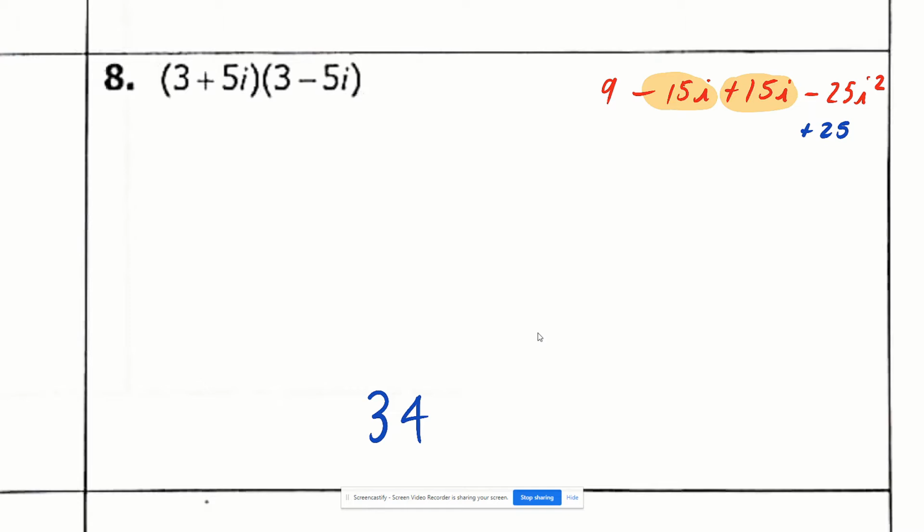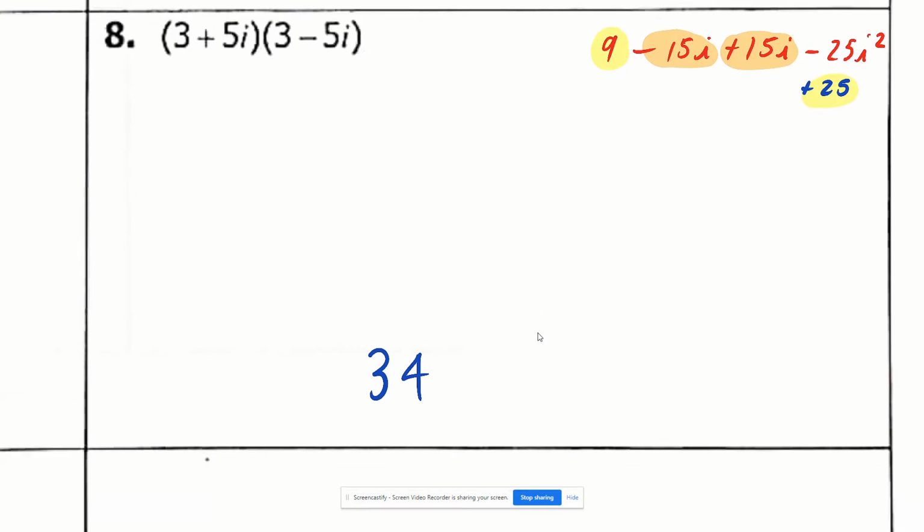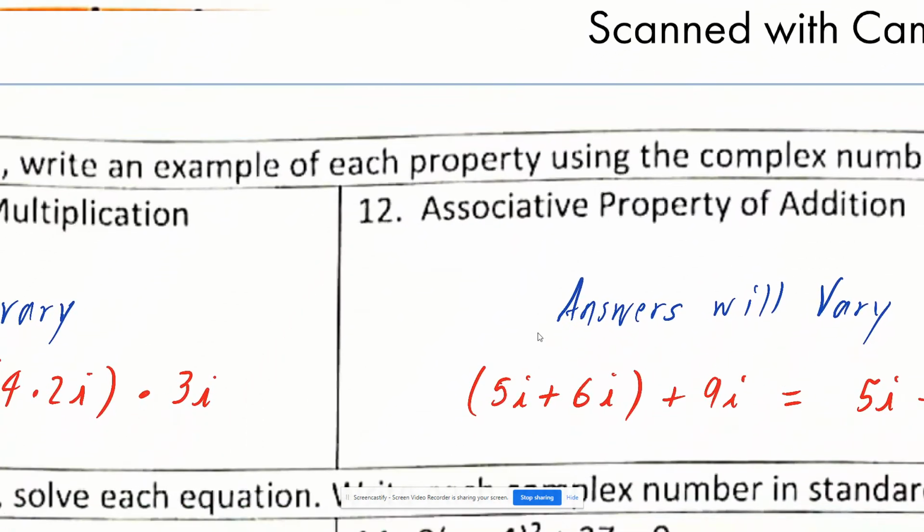Those 2 in the middle will disappear. They'll cancel each other out. Of course, i squared having that value of negative 1 will cause that to become plus 25. So since all I have left is 9 plus 25, sure enough, this comes together to get 34, okay? That was the last one on that side.